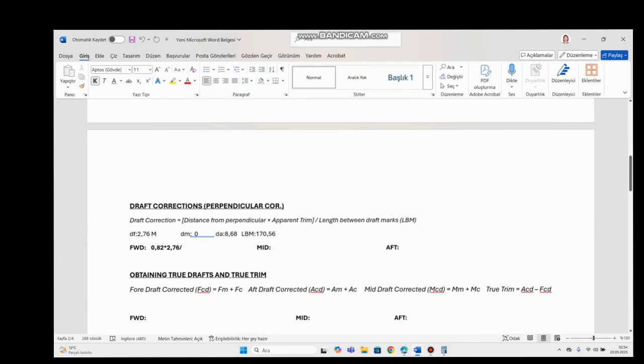And we can write like this: LBM equal LBP minus DF plus DA.